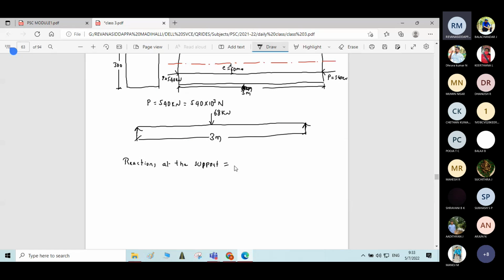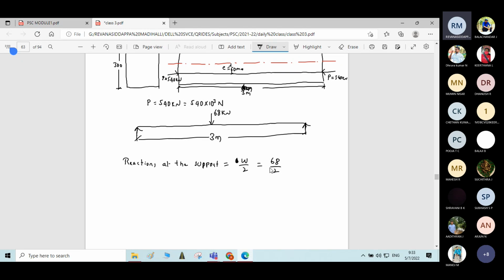It is W by 2, correct? Total load divided by 2. 68 kilonewton is applied at exactly the center of the span, so you can just divide the total load for the calculation of the reactions, 68 divided by 2.